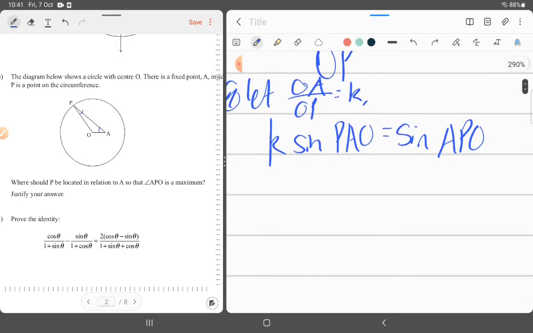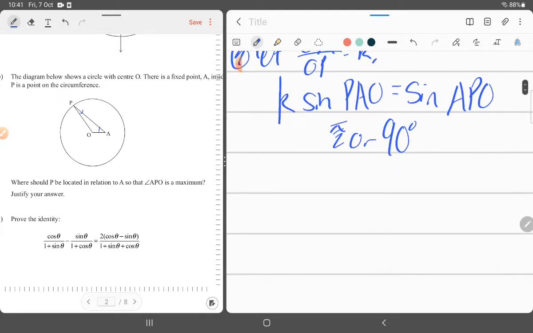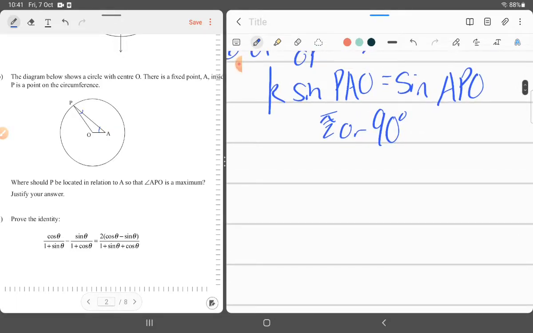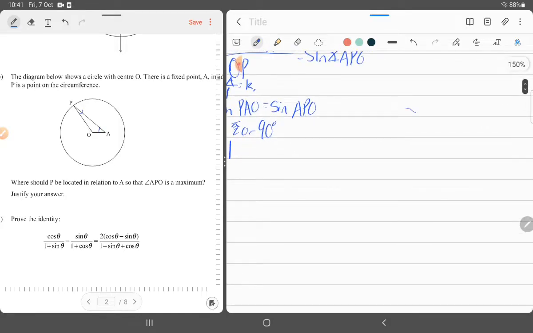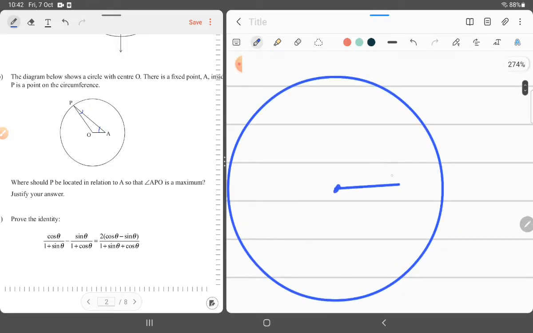So for sine PAO to be 1, it must be pi over 2 or 90 degrees. So it should create this.